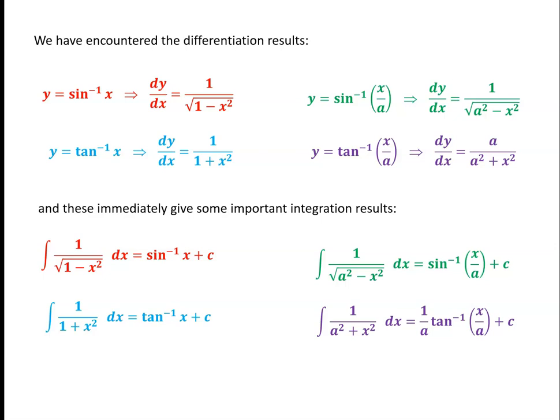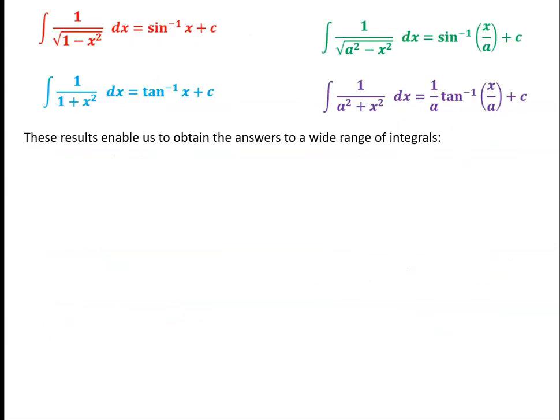So that's telling me that the integral of 1 over a squared plus x squared is going to be 1 over a tan to the minus 1 of x upon a plus the constant. So we've got those 4 standard integral results, and they're immensely useful results to have.